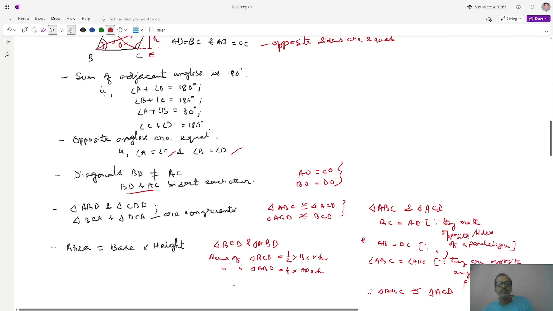So if we add these two areas, then we will get the area of parallelogram ABCD equals half into H into BC plus AD.